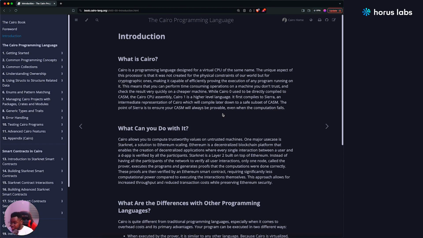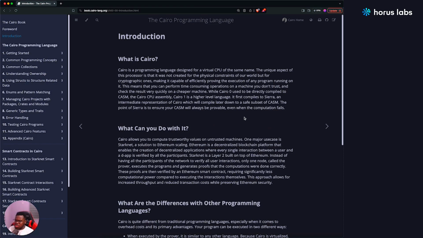Those who were in the ecosystem in 2022 know that there was a very popular problem, which was the fact that proofs could not be generated for failed programs. This opened room to DDoS attacks, because failed programs could not be proven, which means gas fees could not be charged for them.